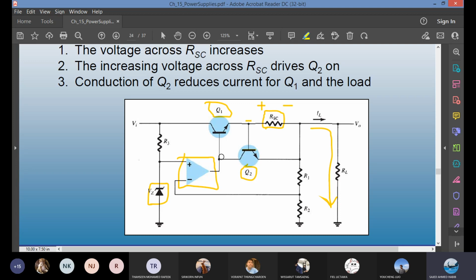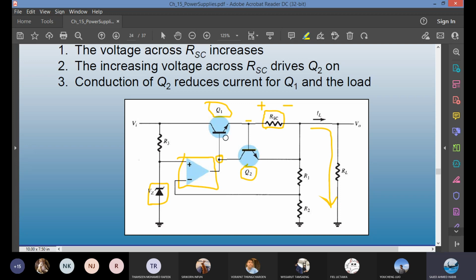Once the Q2 turns on, here it has a collector connection with the base terminal of Q1. When Q2 is turned on, collector current is flowing, emitter current is flowing, which means at this junction, more current is going through the Q2 and less current is going through Q1, because now IB has to share with the collector current.